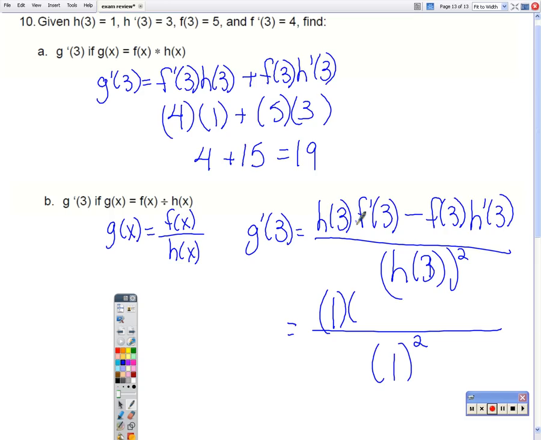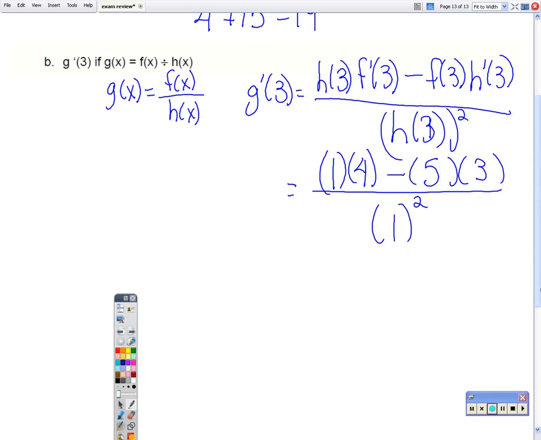F prime of 3 is 4. F of 3 is 5. And H prime of 3 is 3. So to simplify all this, we've got 4 minus 15 over 1. And that equals negative 11. So G prime of 3 is negative 11.